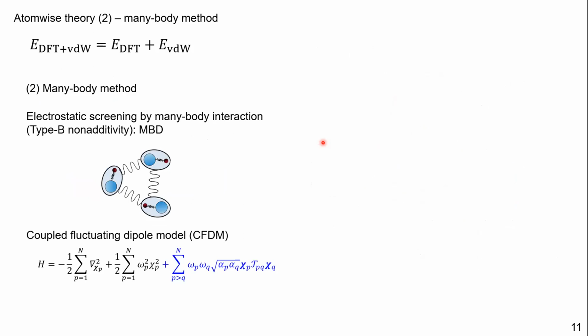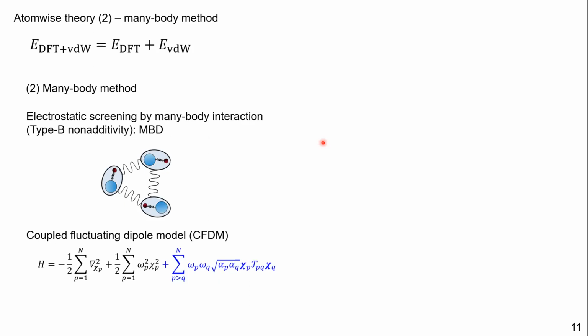The reason why these types of pairwise methods fail in condensed matter is that they lack the many-body interactions, and are based only on the pairwise sum of the potential energies. So what is the many-body interaction?